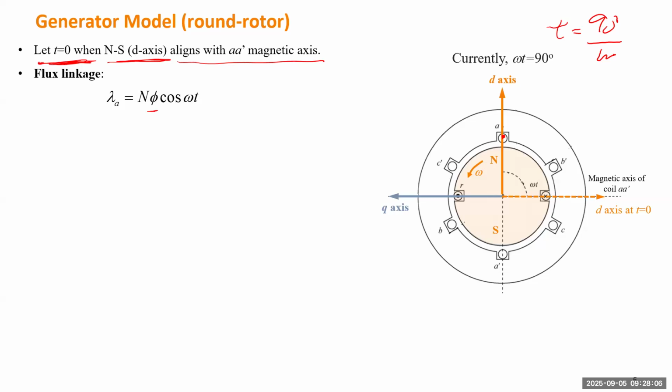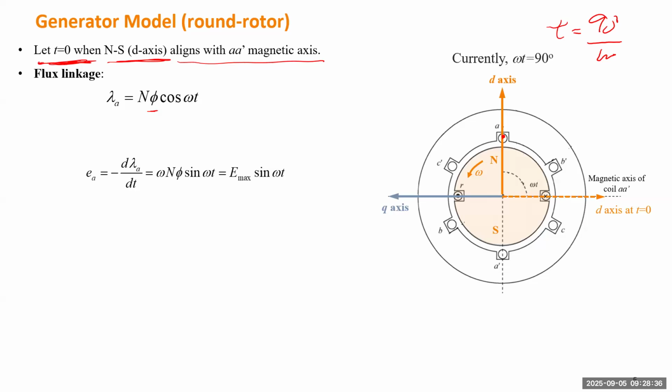When t is 0, cosine omega t has the largest value, so the magnetic field is fully coupled with winding A. So we can use this cosine function. But if you decide to use a sine function to model this flux linkage, you have to redefine the zero time.